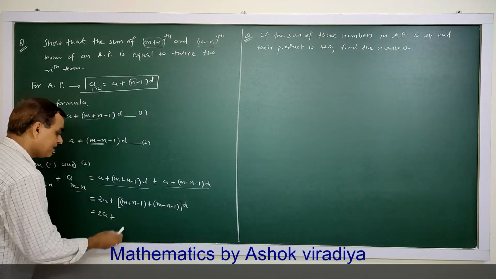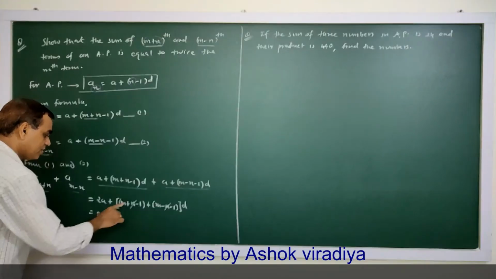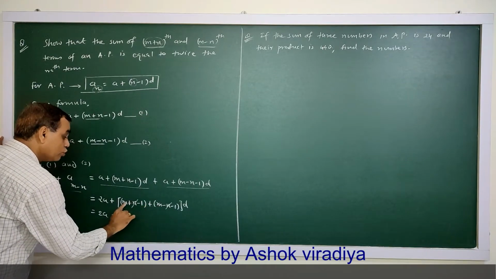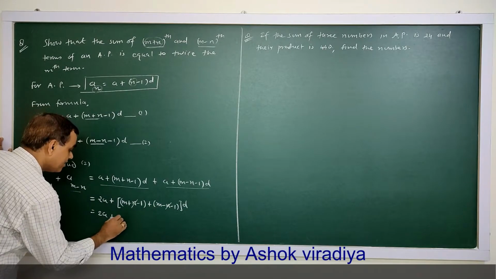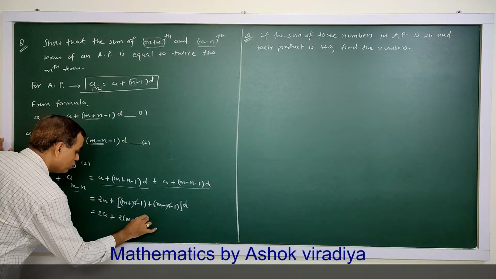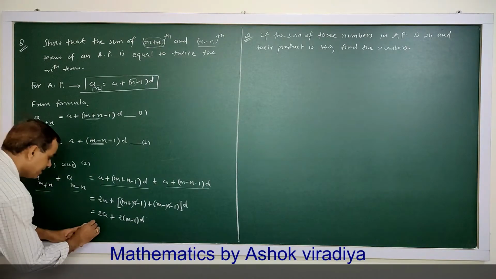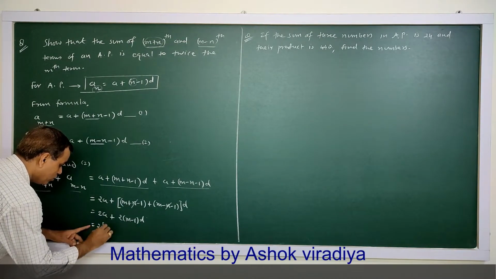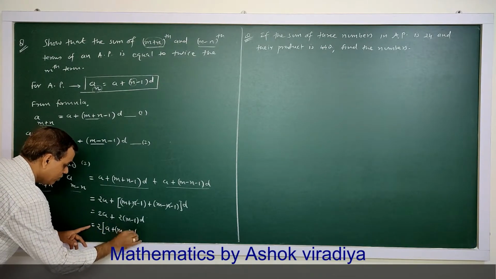Now you can see that here n will be cancelled. So m plus m, 2m minus 2, so 2 times m minus 1 into d. And taking 2 common, 2 into a plus m minus 1 into d.